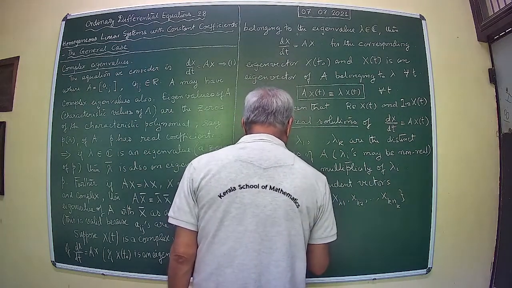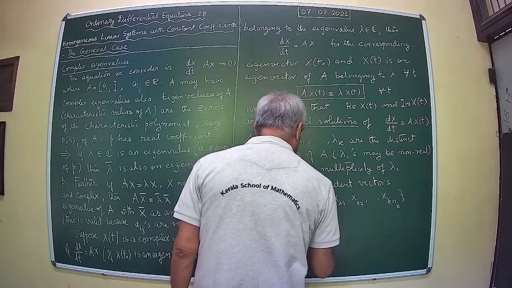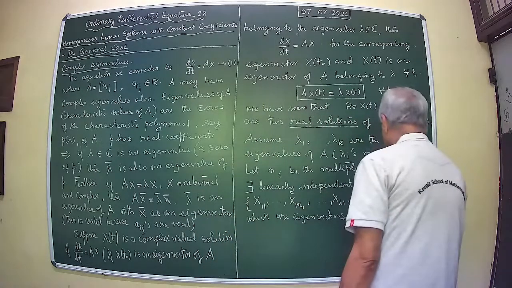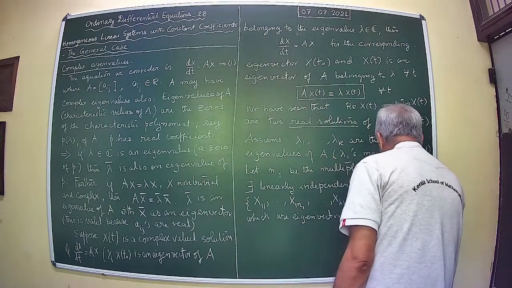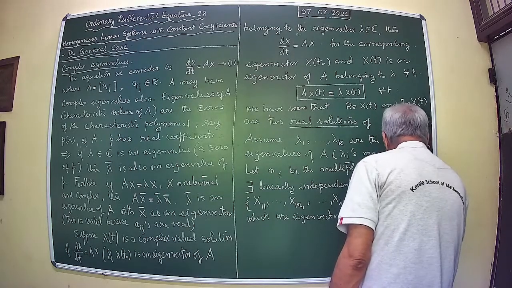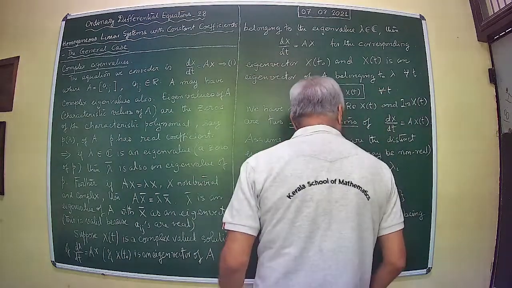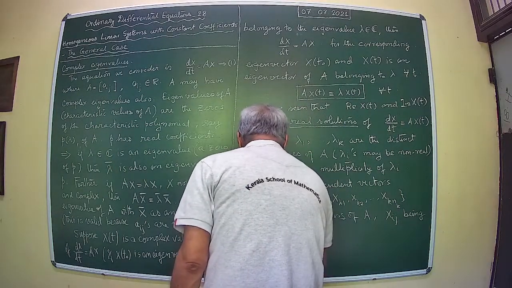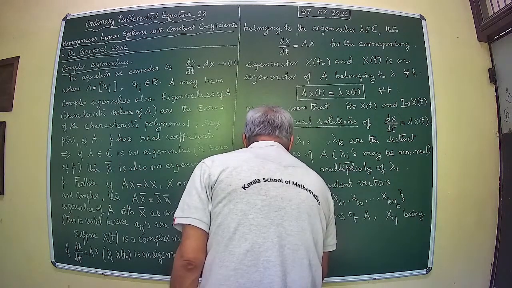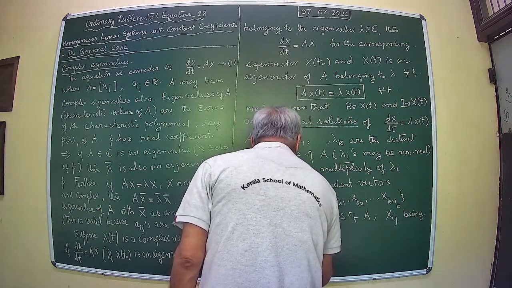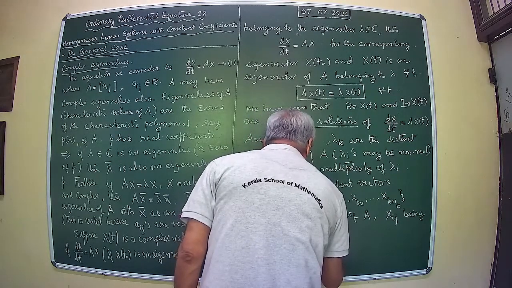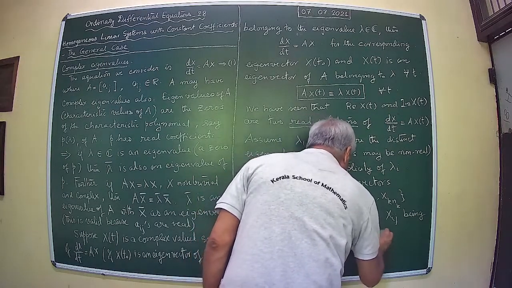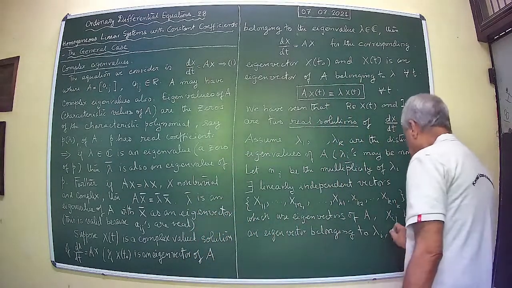These are eigenvectors of A, each x_ij being an eigenvector belonging to lambda i.